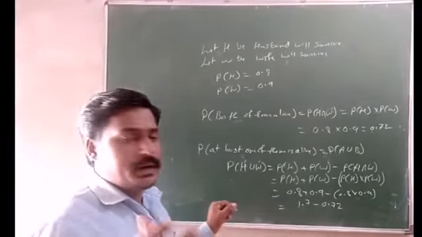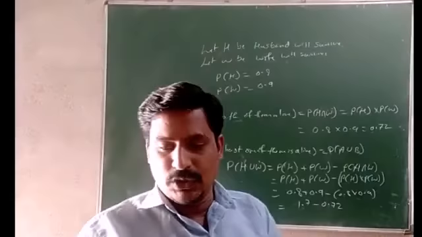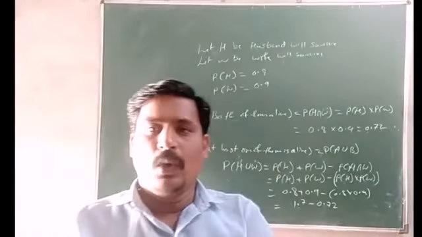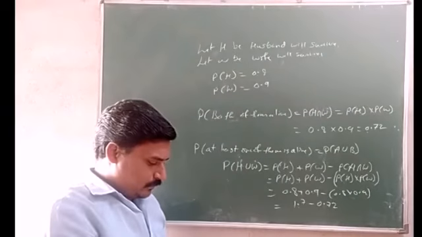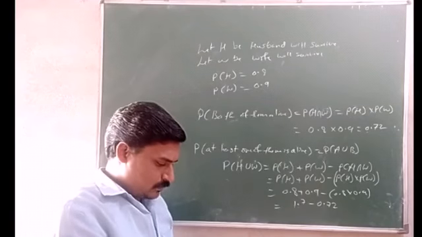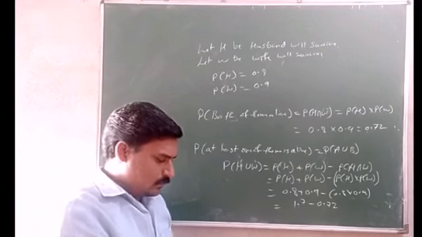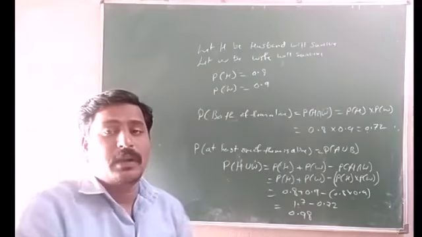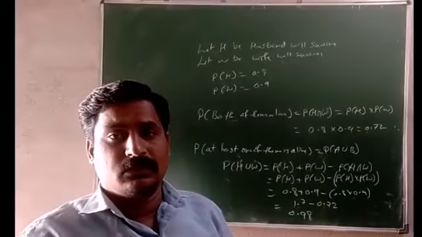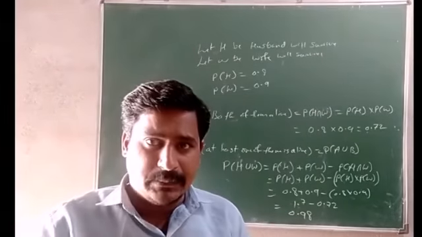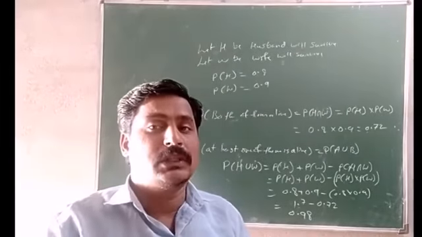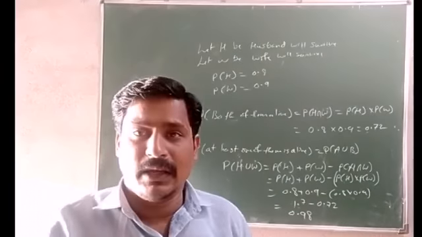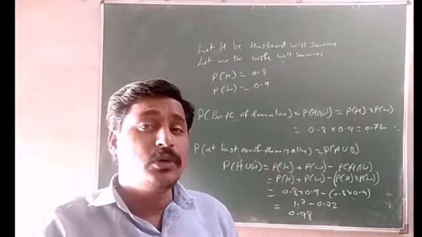So 1.7 minus 0.72 is 0.98. So the probability that at least one of them, that is either husband or wife, will survive after the next 20 years is 0.98. So the probability of both of them surviving is 0.72.